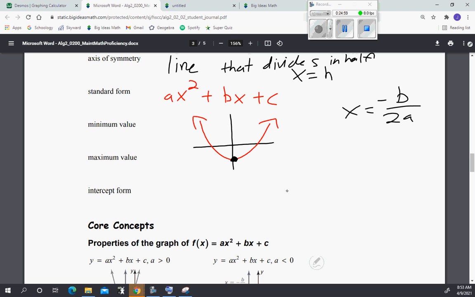It's always going to be the vertex, either the minimum or maximum value. The maximum value is opposite, right? So if I have this graph, graph goes down. And my vertex right here, that's my maximum value, the maximum amount my line can reach.